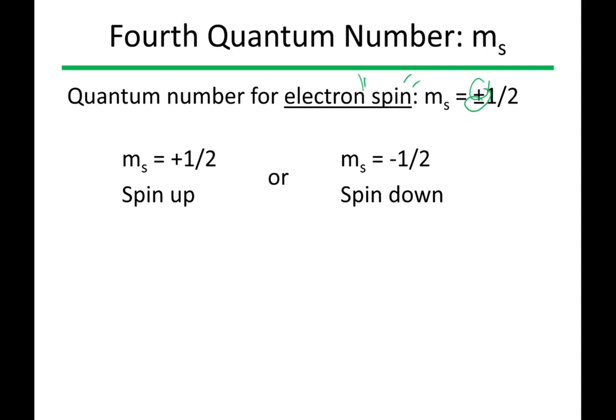If it's +1/2, we call this spin up. -1/2, we call this spin down. It isn't actually spinning in a physical sense. This is just a mathematical term. When we write an electron in an energy level, say the 1s orbital, if it has an ms of +1/2, we would write it as an upward pointing arrow, and if it's -1/2, we would write it as a downward pointing arrow.